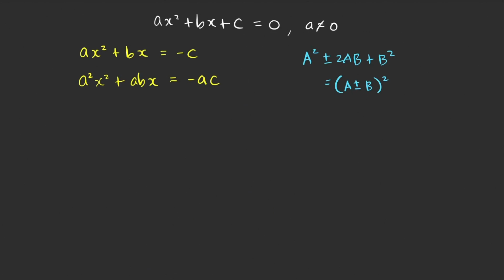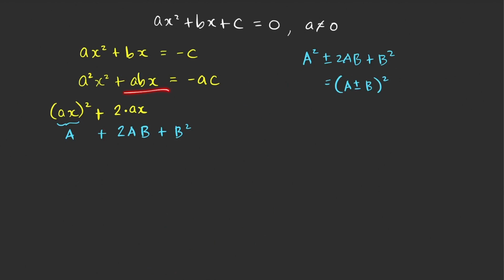And now we complete the square using this formula here. We can write the left-hand side as the square of ax, so that is our a, and then we need here the 2ab, and then plus b squared. So what is our b in this case? We have here 2, and then times our a is ax.